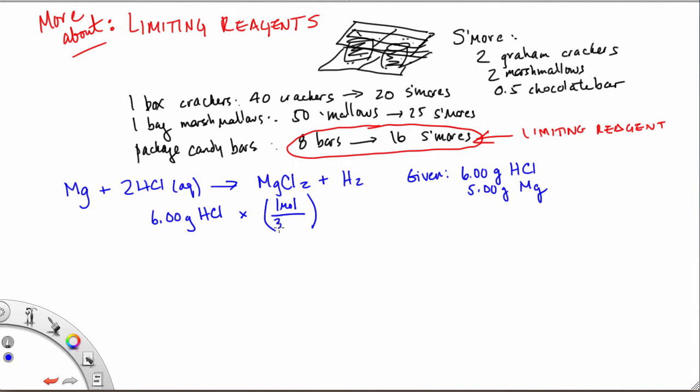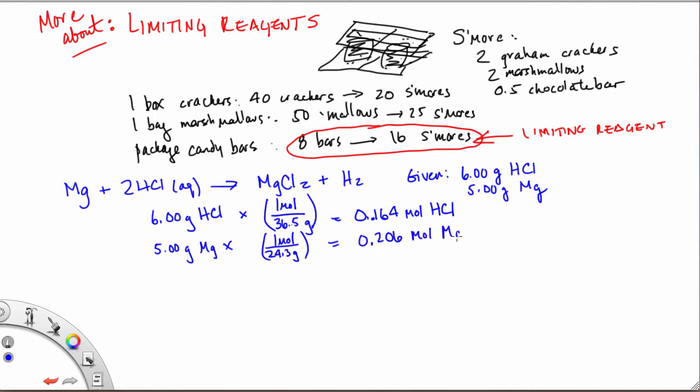So I use the molar mass of hydrochloric acid, which is 36.5 grams, and I find that I have 0.164 moles of HCl. And I'll do the same thing for magnesium. 5 grams of magnesium. I'm converting to moles. My molar mass of magnesium is 24.3 grams, and I end up with 0.206 moles of magnesium.